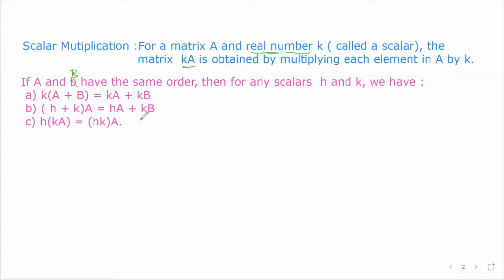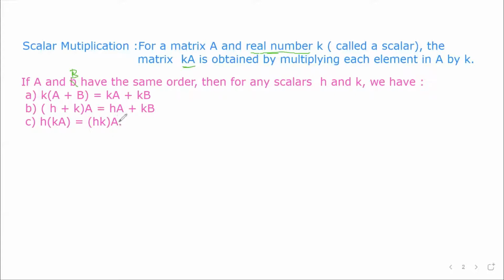And then H plus K times A becomes HA plus KA. The last one is HK, where both H and K are numbers we call scalars, as in vectors, and this is H times K times matrix A.